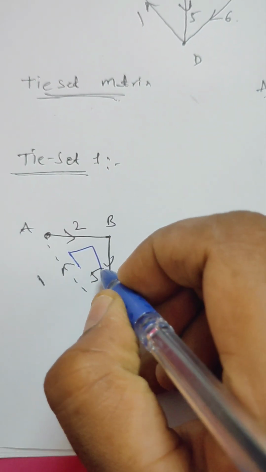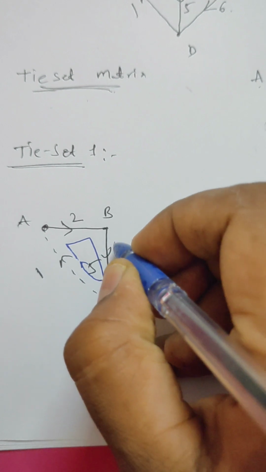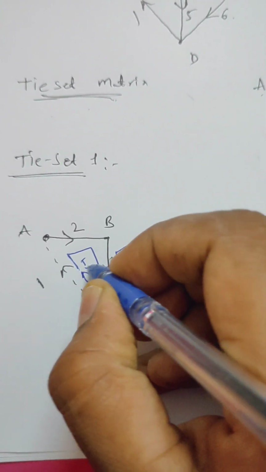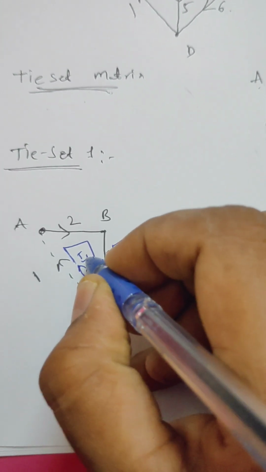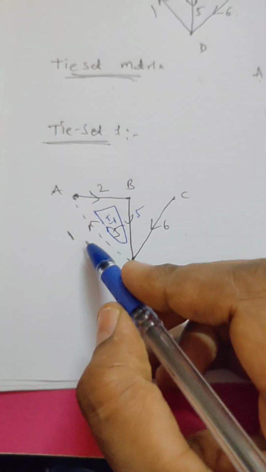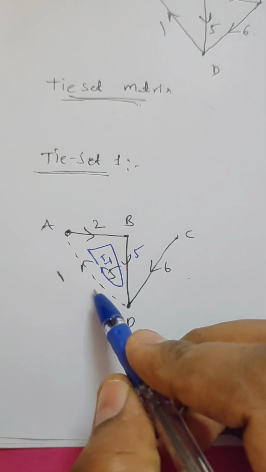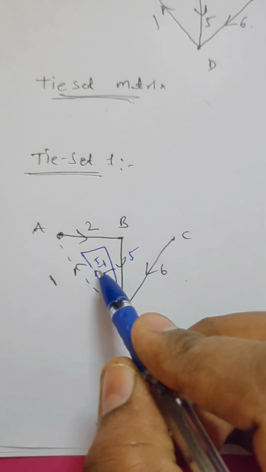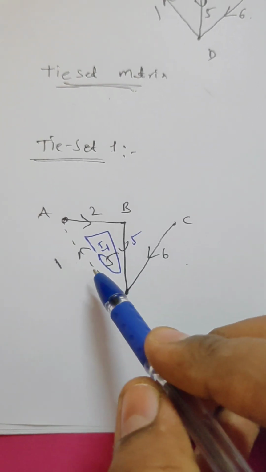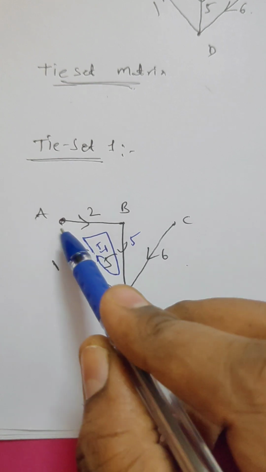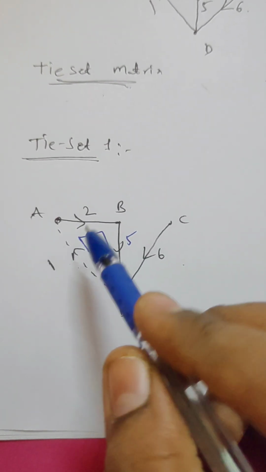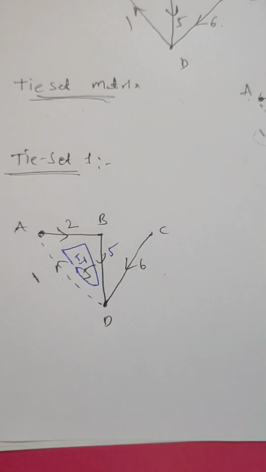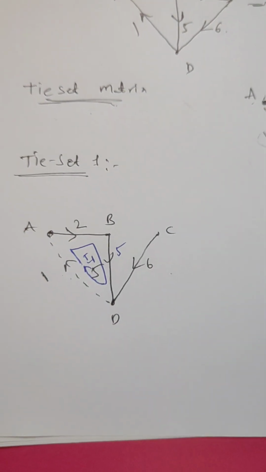Just to consider this direction, the current is I1. Here we have to consider the direction of the link. We consider this current as I1, because by adding this link only it is going to form one closed loop. That's why we are tying a link to the remaining twigs.